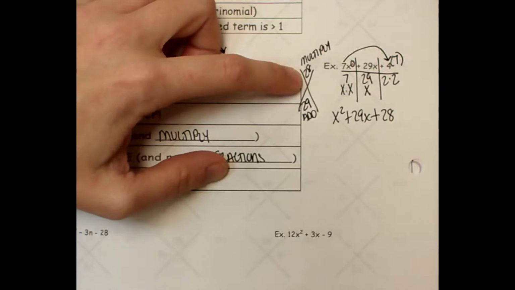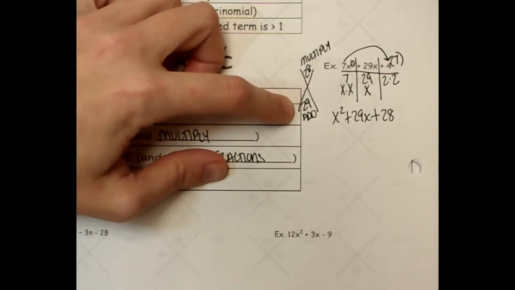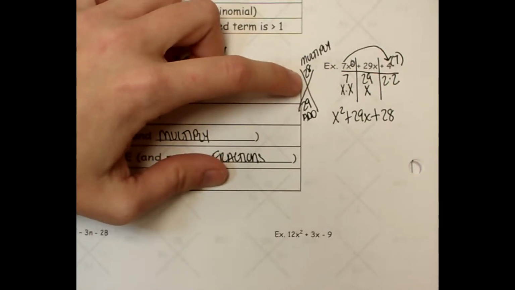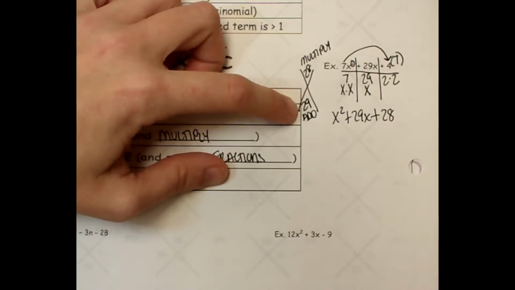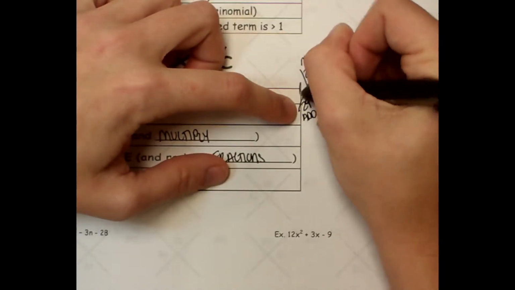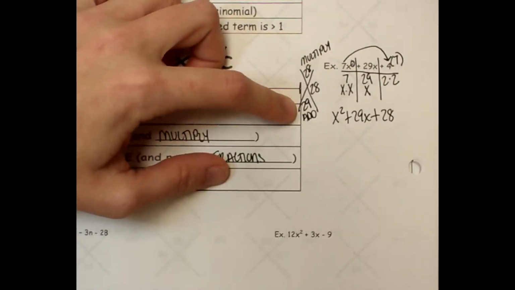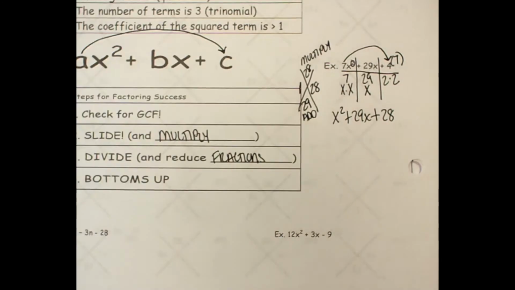So what times what gives you 28, but then you add them together to give you 29? Well, 28 times 1 gives you 28, and then 28 plus 1 gives you 29. So my numbers from my puzzle are going to be 1 and 28. So yesterday we practiced doing those. Now we'll see what we actually do with them.